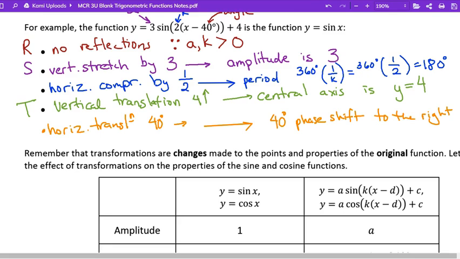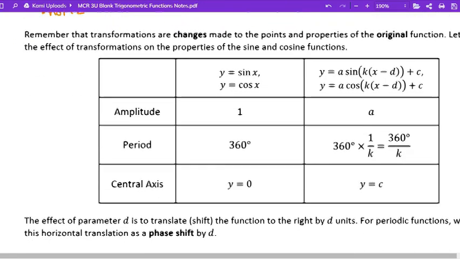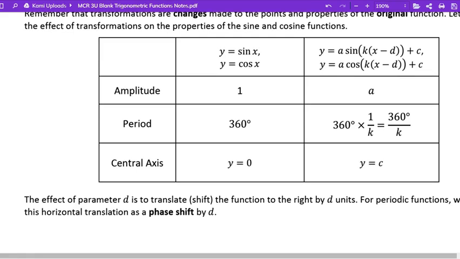All right, so let's summarize what we've got. Let's see how these transformations are going to affect the sine and cosine function. I'm just going to put some check marks here, but you have this table here. The amplitude of the parent function is 1.